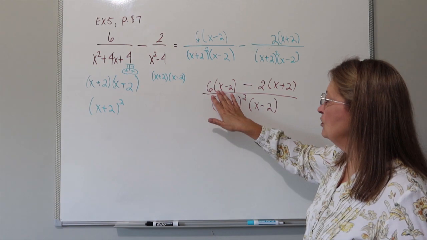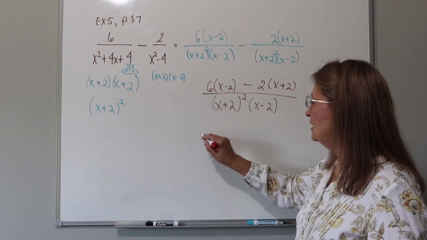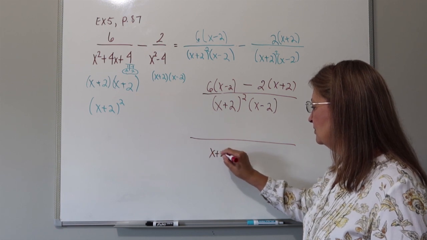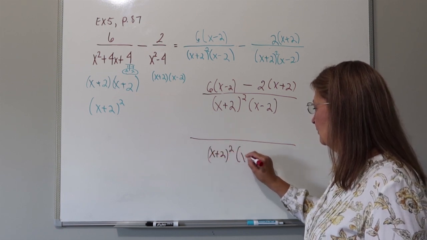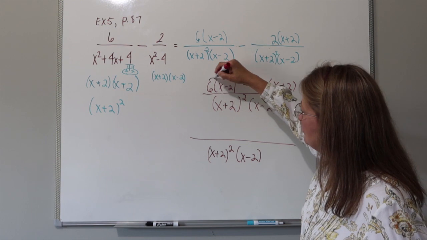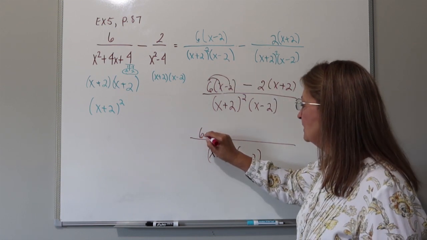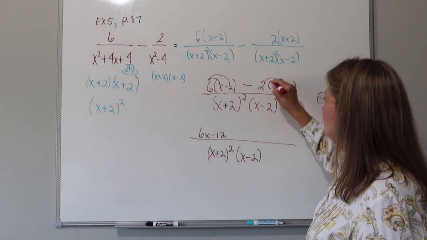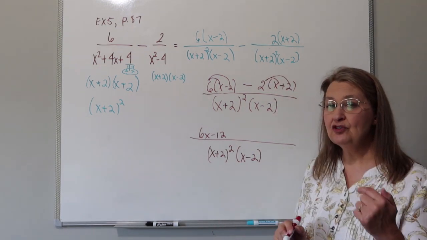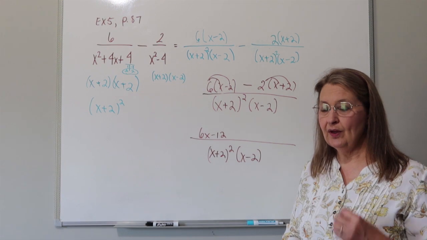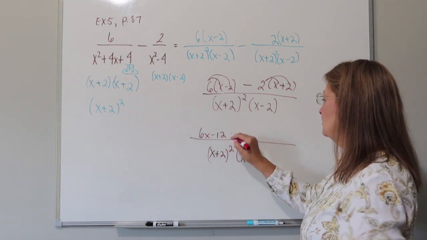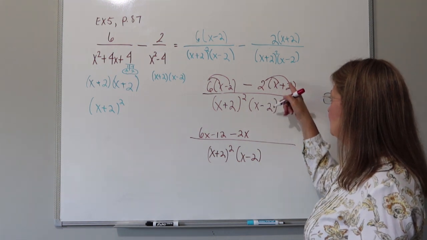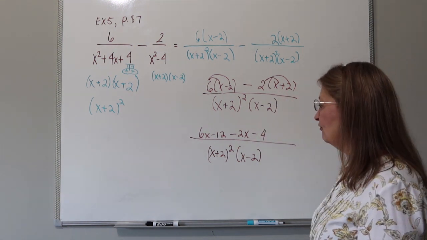I'm going to distribute first, and my denominator is still going to be x plus 2 squared times x minus 2. When I distribute here, I'm going to get 6x minus 12. When I distribute here, I am distributing a negative 2, so this is going to be minus 2x, and then negative 2 times 2 will be minus 4.